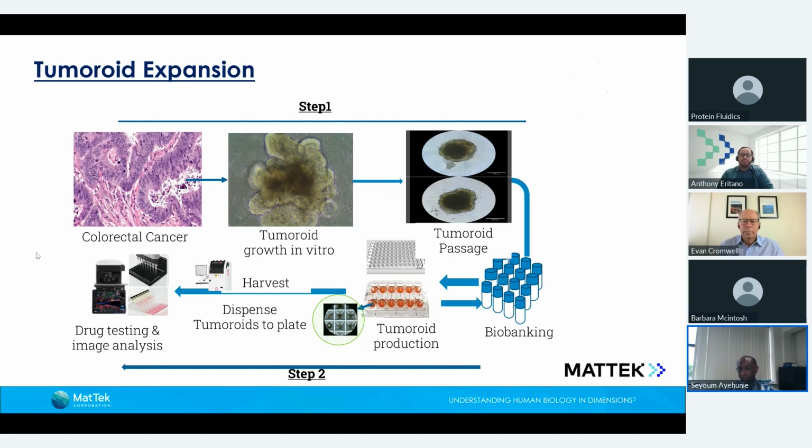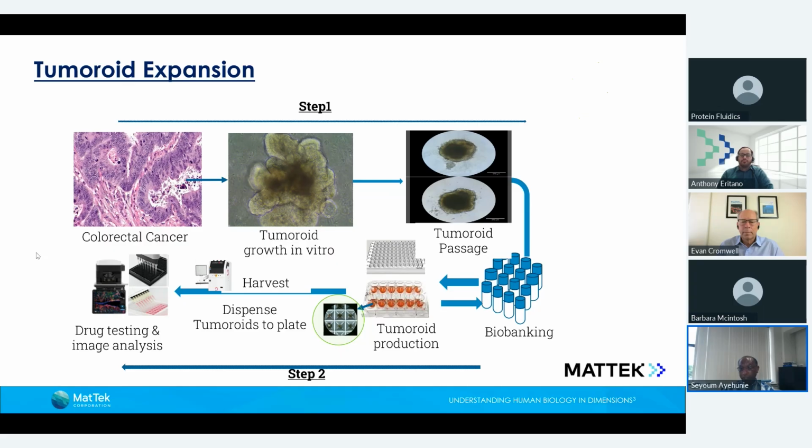From our biobank, we can take a vial and put them into high performing plates with microwells. In this case, for example, we use a 12 or a 6-well plate. With the 12-well plate, you take one vial of cells, disintegrate them, and disperse them into these wells.